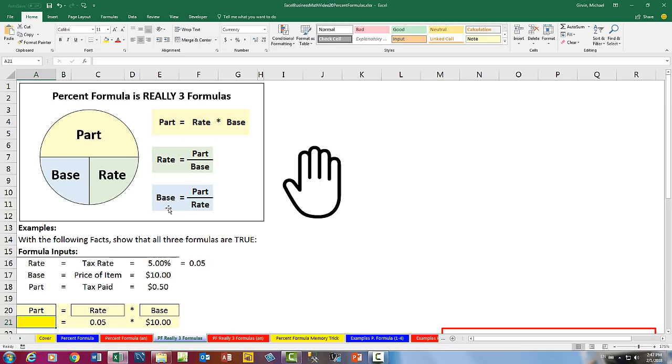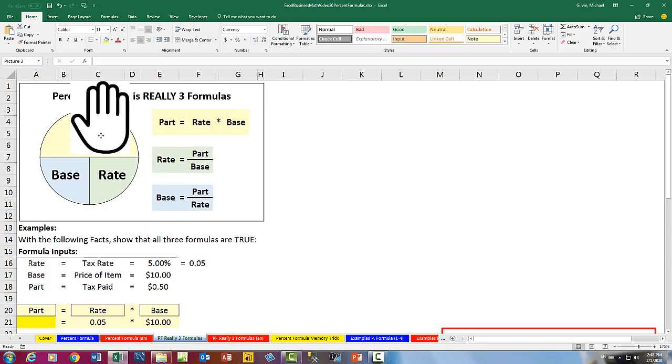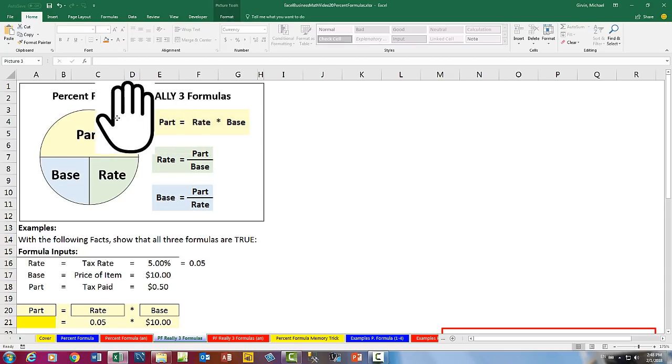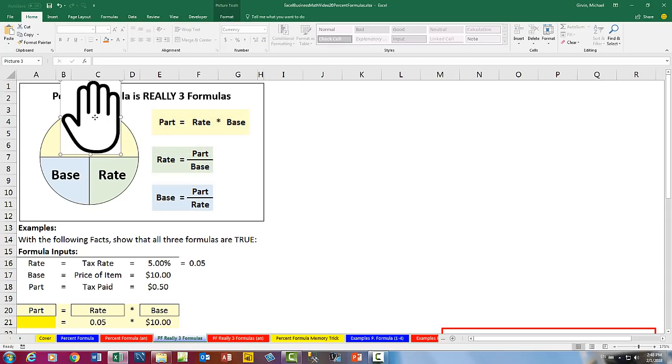Now there's a great memorization trick. If you draw a circle like this, put part in the top, base and rate into the bottom, anytime you don't remember what the formula is, you can just take your hand, and if you want to solve for part, you hold your hand over the diagram, hiding it, and then this says, oh, they're next to each other, base times rate.